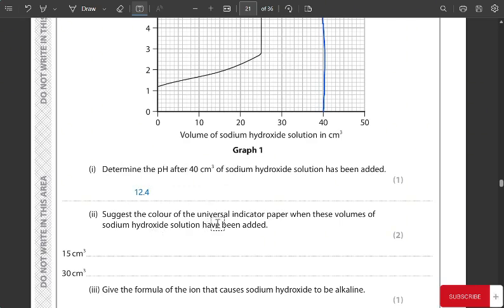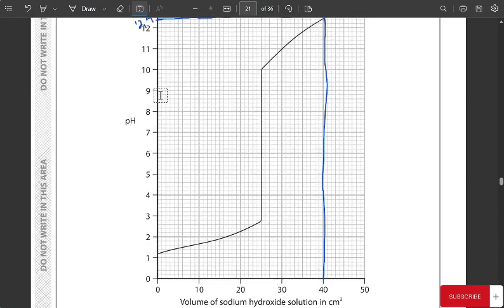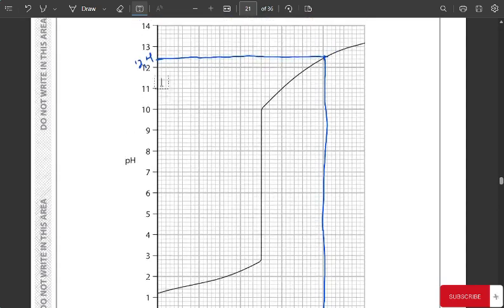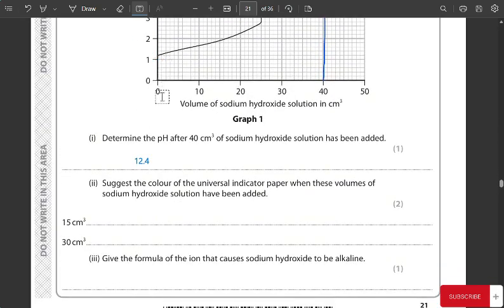Suggest the color of the universal indicator paper when these volumes of sodium hydroxide solution have been added. First, it was acidic, the pH was low, and after this it is alkaline. That's why first it was red, and after it should turn blue.